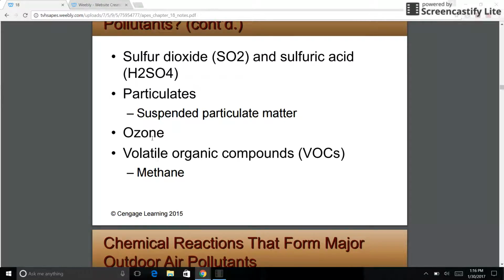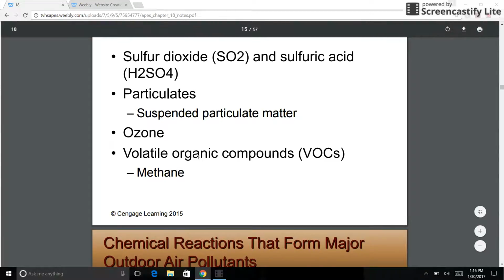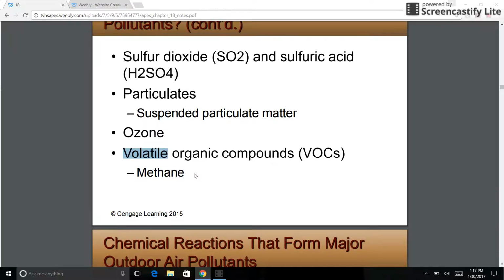So it forms in the atmosphere afterwards from nitrogen oxides, and then certain volatile organic compounds can form ozone. Volatile organic compounds are not a criteria pollutant. Methane is one example of those, and volatile is a hint in that they're highly reactive. They are precursors to a lot of the secondary pollutants, even though methane is a primary pollutant.